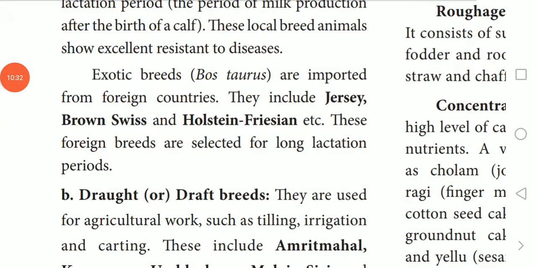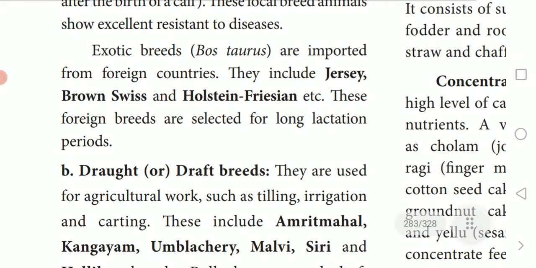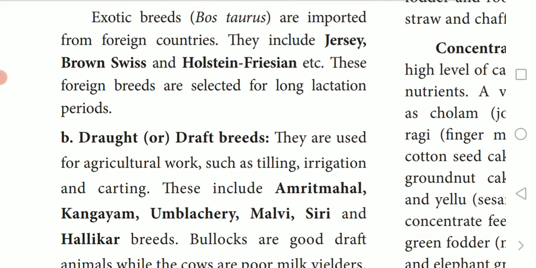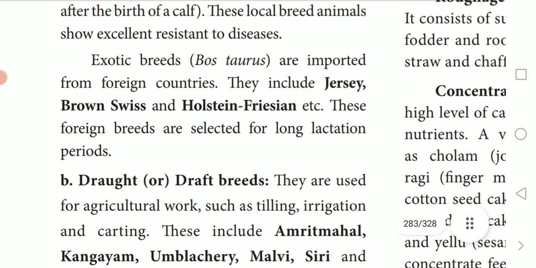The next one is exotic breeds. Bos taurus are imported from foreign countries. They include Jersey, Brown Swiss, and Holstein Friesian, etc. These foreign breeds are selected for long lactation periods.